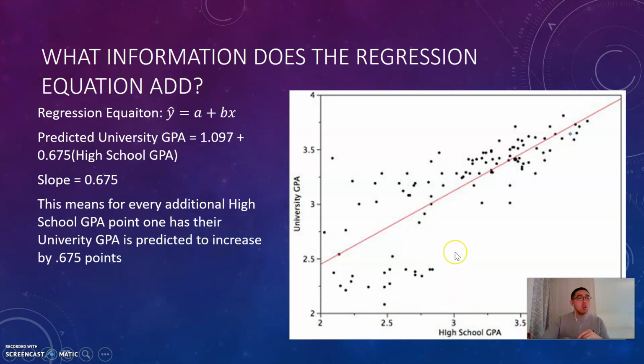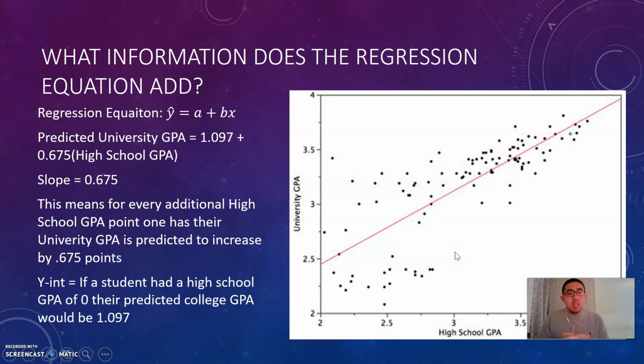The y-intercept, what does it tell me? If someone's high school GPA was 0, then their predicted college GPA would be about 1.097. But mostly what we use this for is making predictions, which we are going to talk about in this afternoon's lesson.